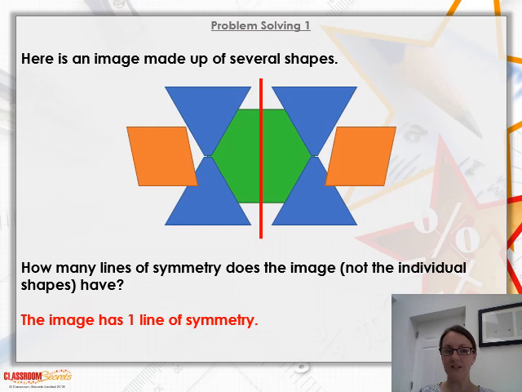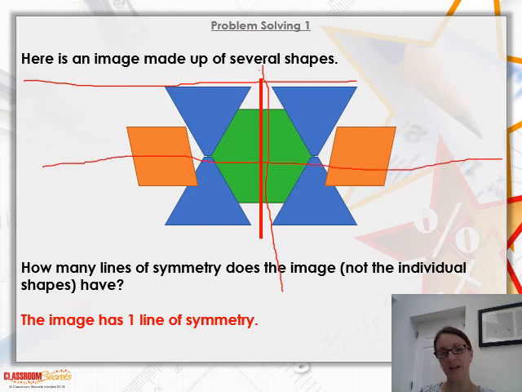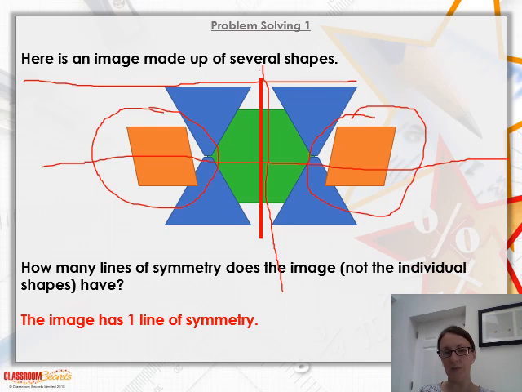Hopefully you have identified that this shape just in fact has one line of symmetry, which is a vertical line of symmetry. If we were to go across here, these shapes would not line up exactly on top of each other. Those parallelograms would not line up correctly on each other.